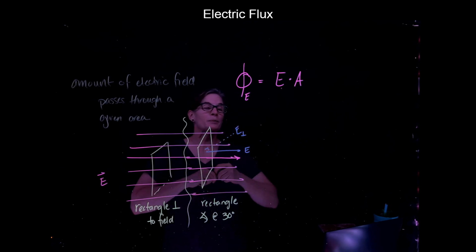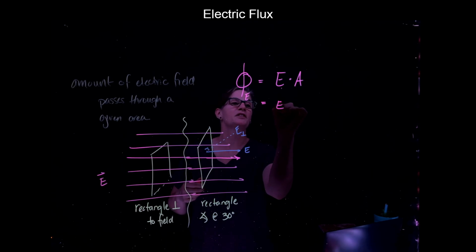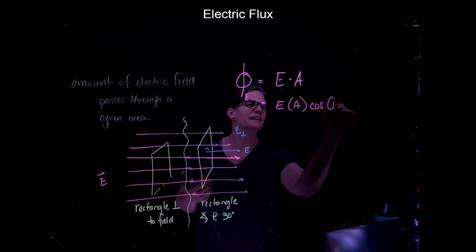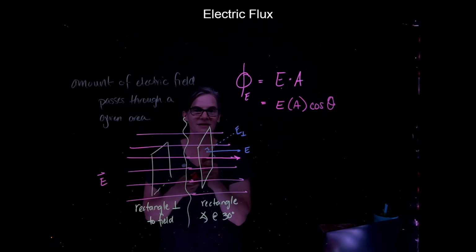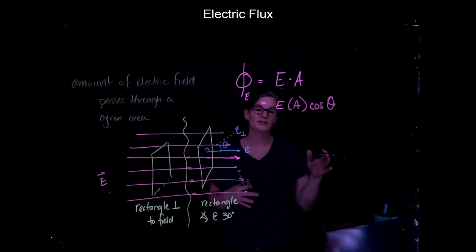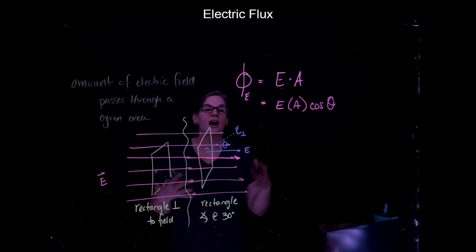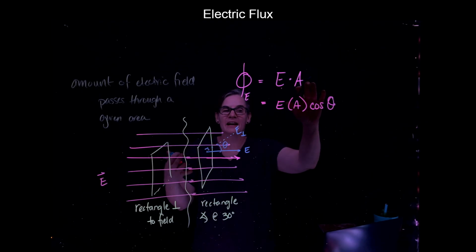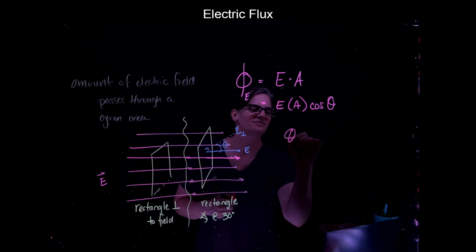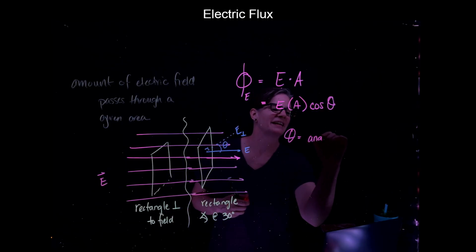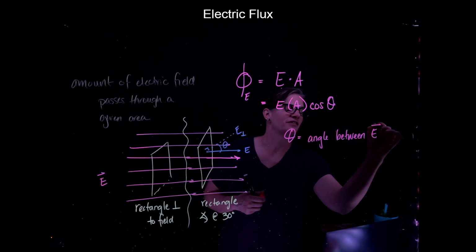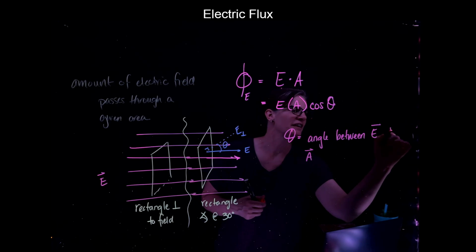So this can be rewritten as the electric field strength times the area times the cosine of the angle theta, where the angle is the angle between the direction of the electric field and the direction of the area vector.